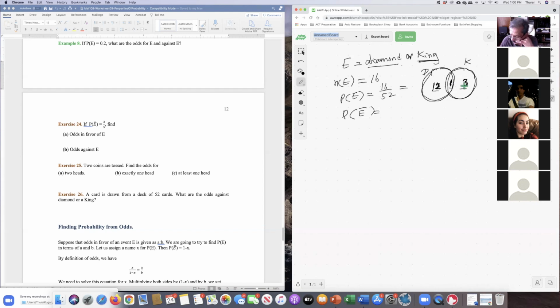Okay, so 16 over 52. I'm reducing it by 4, so I get 4 over 13. So probability of E bar is 1 minus 4 over 13, and that's 9 over 13. So therefore, odds for E would be 4 over 13 over 9 over 13. That will be 4 to 9.